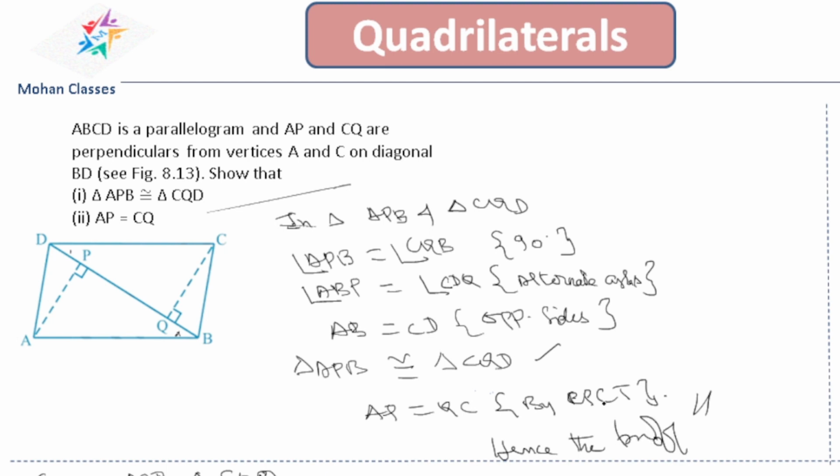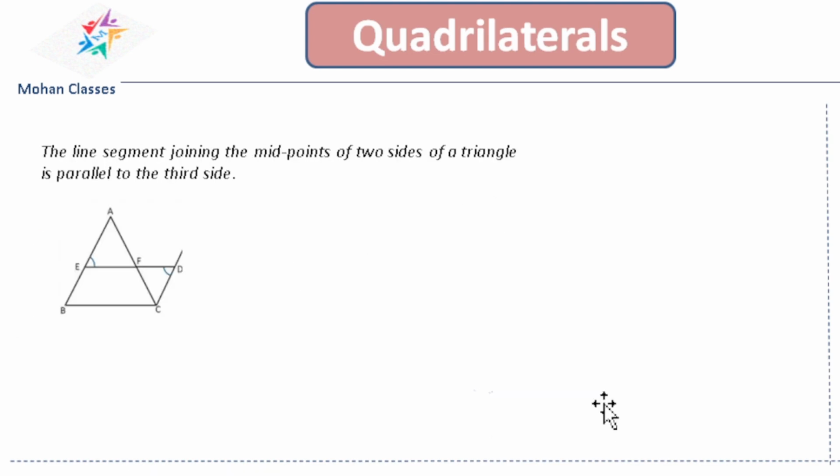Okay. Let us move to the next. So it is a very, very important theorem. By using this theorem, we have to do so many sums in this chapter. So here, the line segment joining the midpoints of two sides of a triangle is parallel to the third side. E and F are midpoints of side AB and side AC.